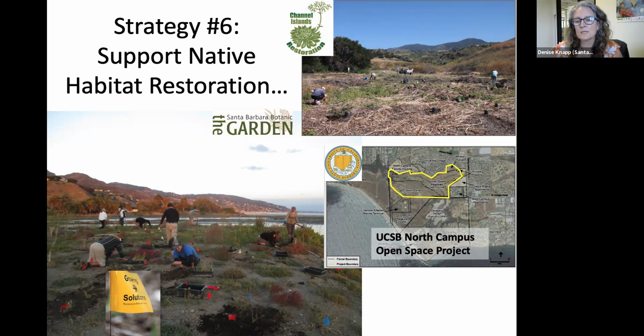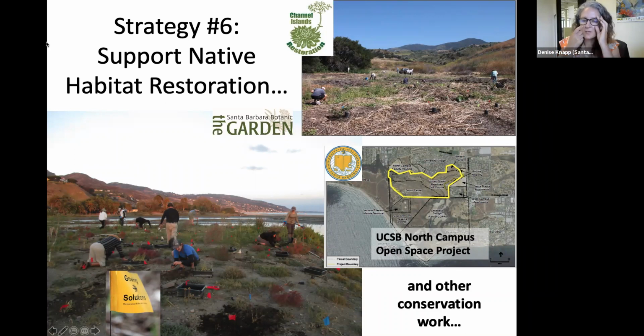They've been transforming North Campus open space from a golf course to 136 acres of diverse native habitat. It's a wonderful success story. Growing Solutions, and the Santa Barbara Botanic Garden. We have a call out for volunteers right now to help us with a restoration project in the Los Padres National Forest. Next.